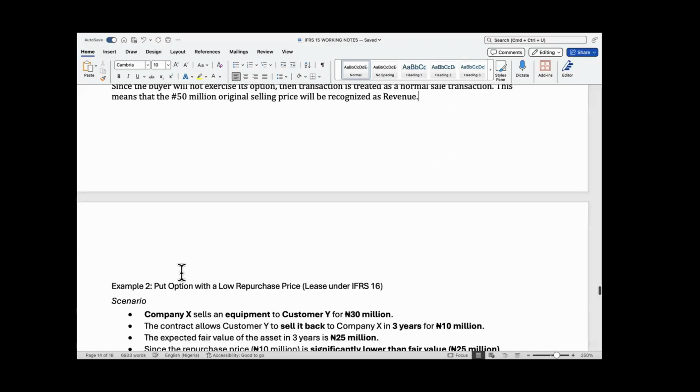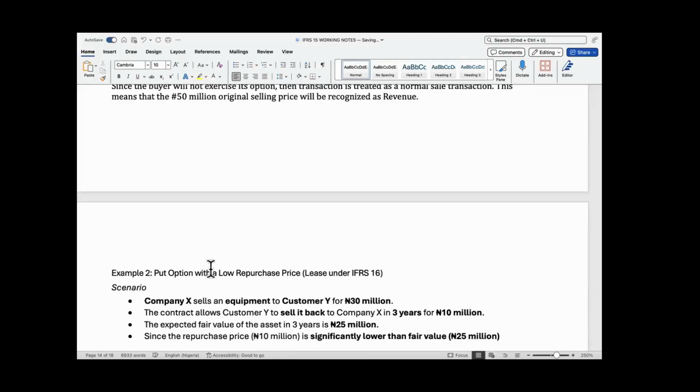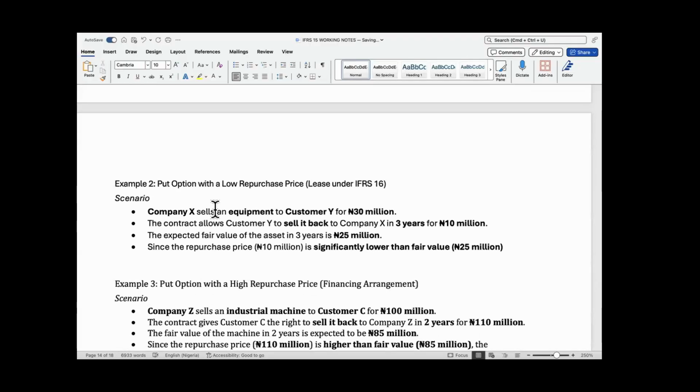Scenario B. Company X sells equipment to customer Y for 30 million. The contract allows customer Y to sell it back to company X in 3 years for 10 million.